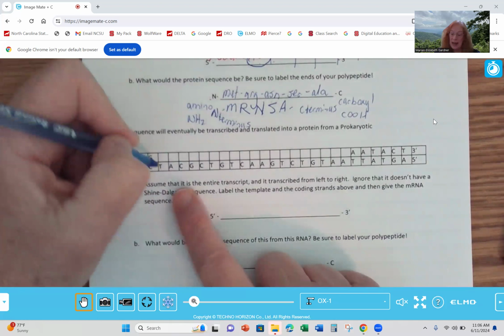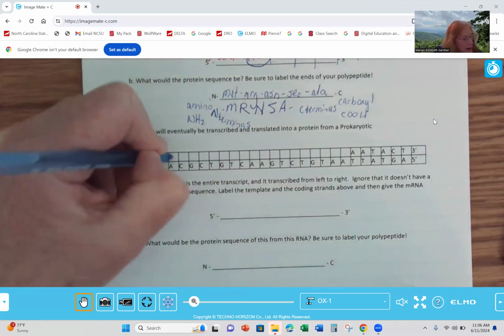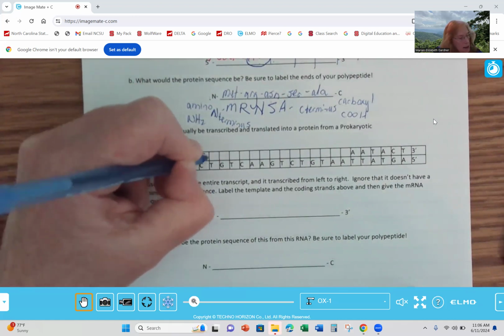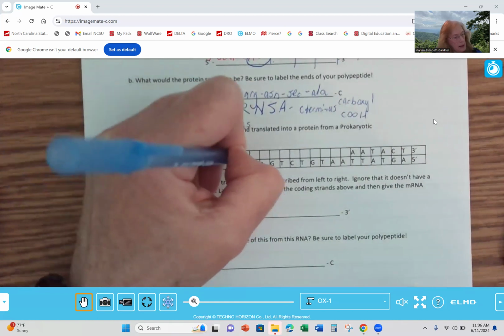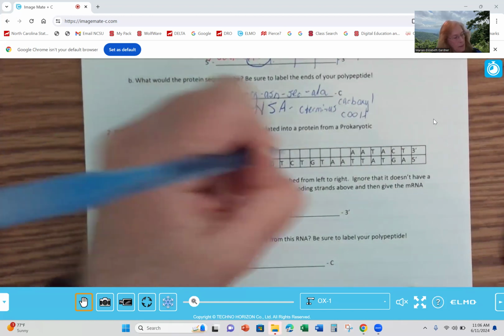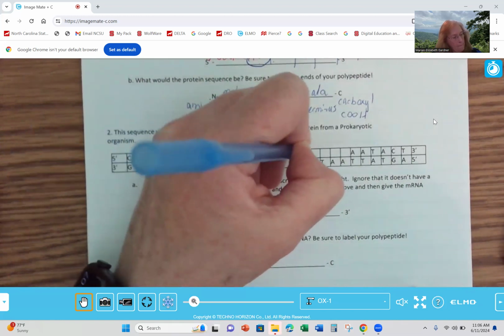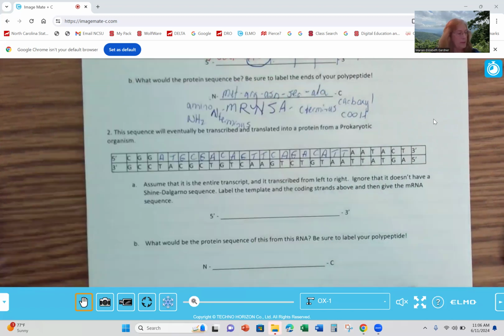Now this is DNA, and we want to fill in the bases for DNA. So A, T, G, C, G, A, C, A. There we go.